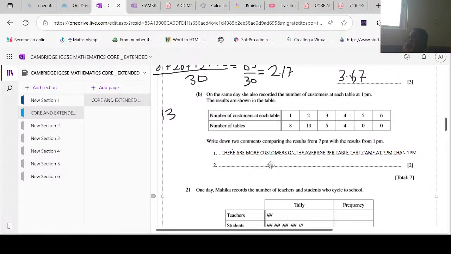Yeah, that was the context, the score. Okay, is that for 7 p.m. or 1 p.m.? Yeah, it's lower.